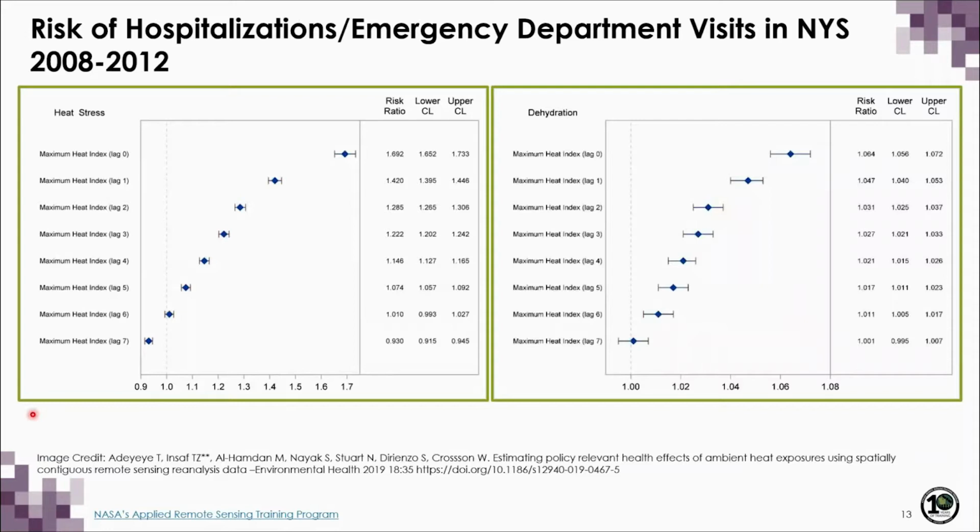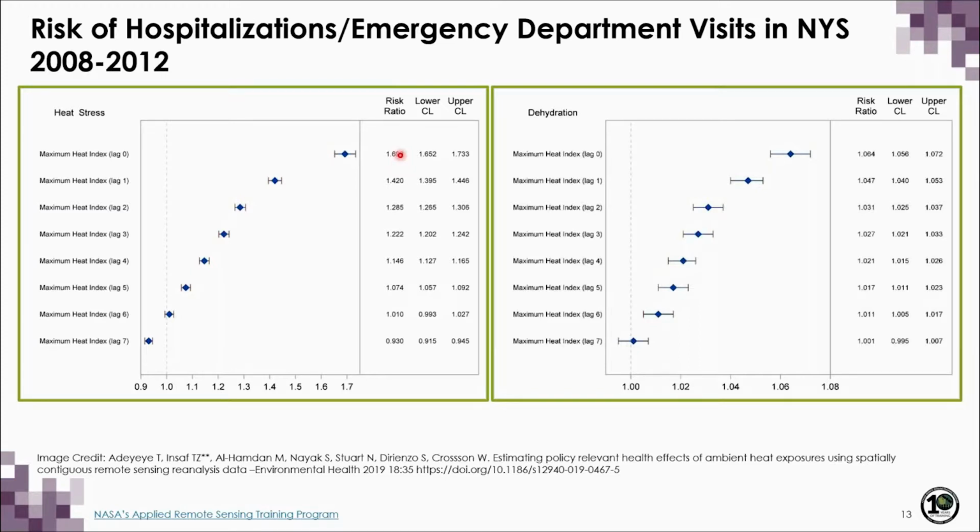After using a case-crossover method, which was the epidemiological analysis that we used, we found that a 5-degree change in heat index increases the risk of heat-related illness by 70%. So 1.69 is the relative risk here.